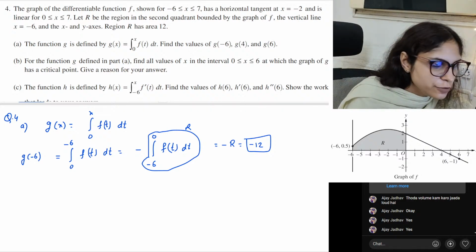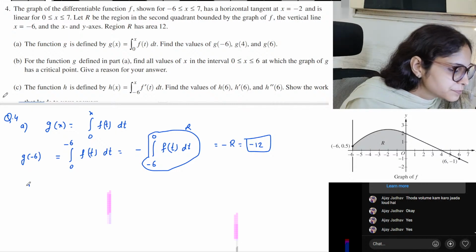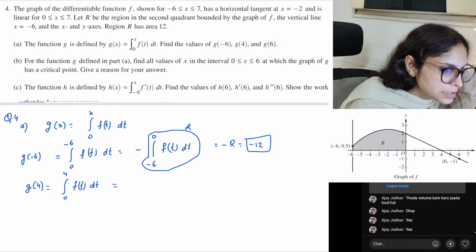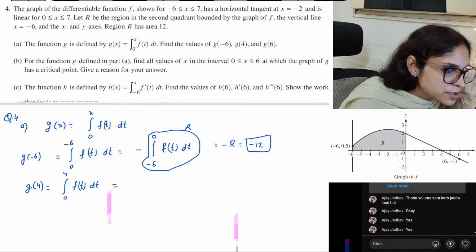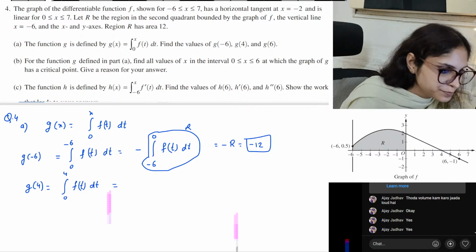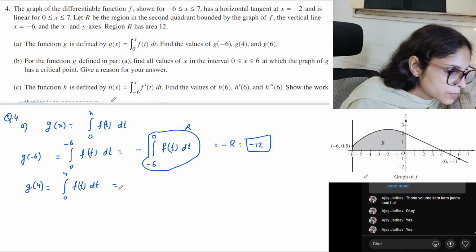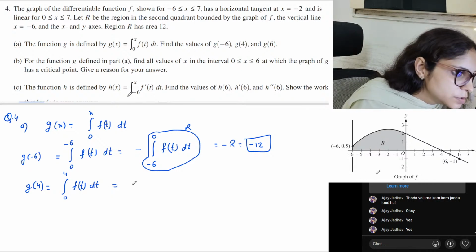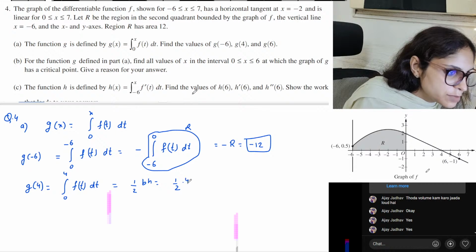Now we have to find g of 4. G of 4 will be the integral from 0 to 4 of f of t dt. Now we know that 0 to 7 is a linear function, so 0 to 4 is actually a triangle. If you look at the triangle, the base is 4 and the height is 2. Because a definite integral is also the area, it is half times base times height, half times 4 times 2.